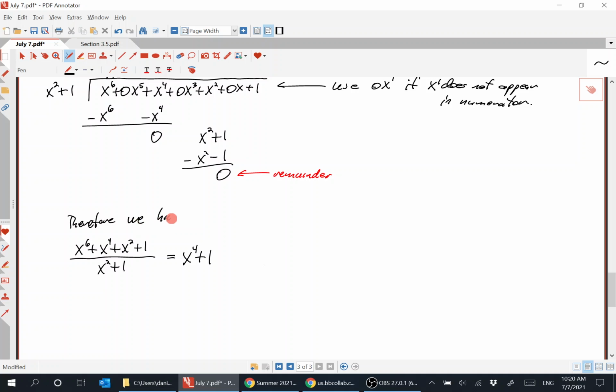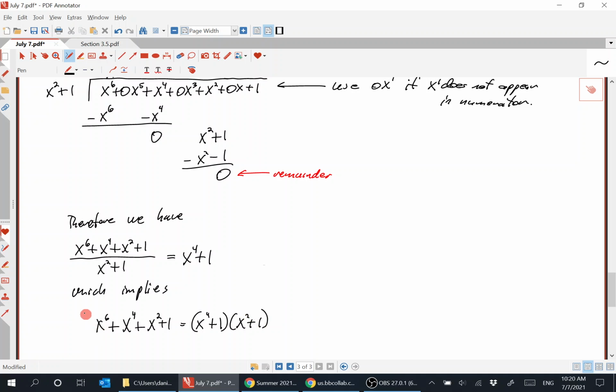Therefore we have this, that x to the 6th plus x to the 4th plus x squared plus 1 over x squared plus 1 is equal to this, which also implies that x to the 6th plus x to the 4th plus x squared plus 1 is equal to this.